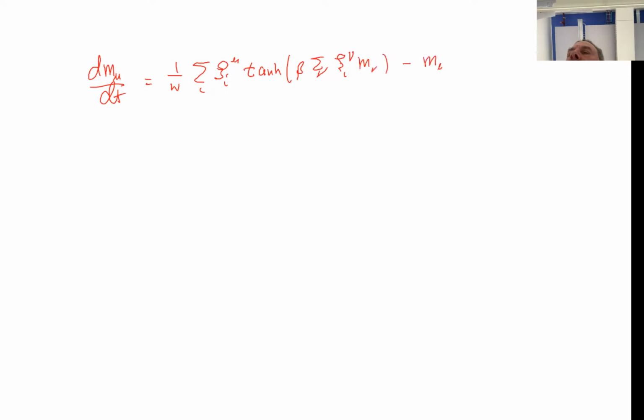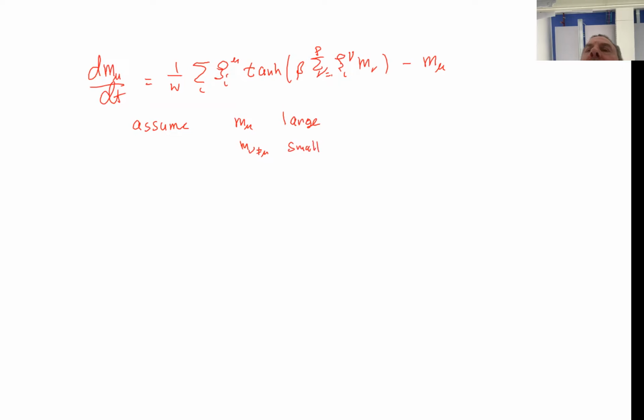So we now have p equations instead of N equations, which is probably a reduction, but there's still a lot of equations. So assume m_μ large and m_ν, ν not equal to μ, small. That's something we need to check when we're all done, okay?